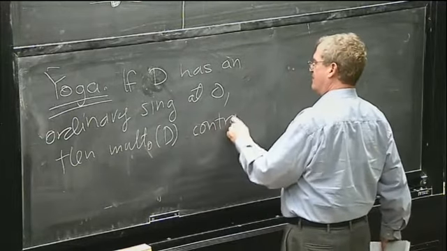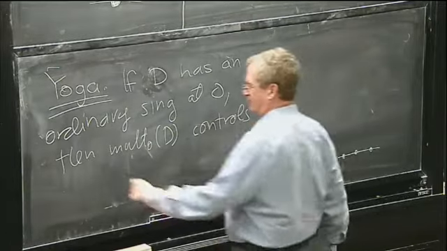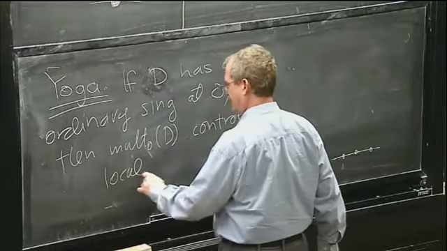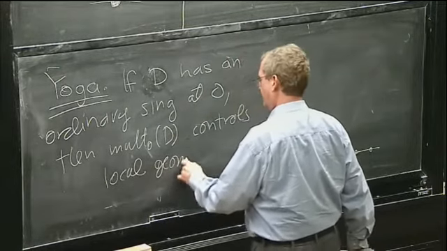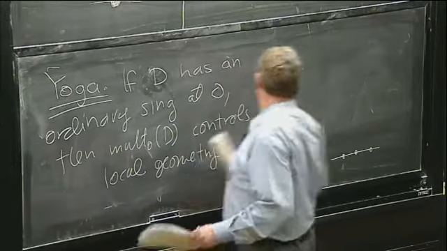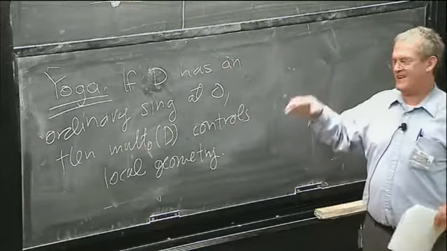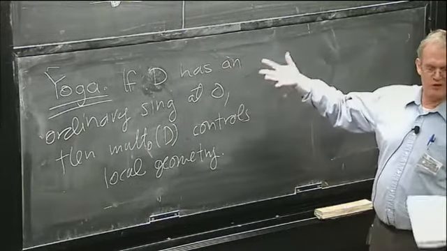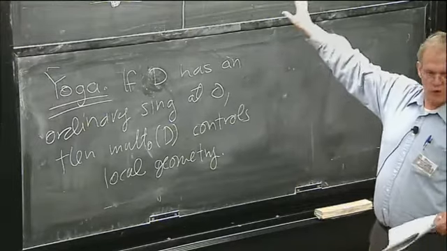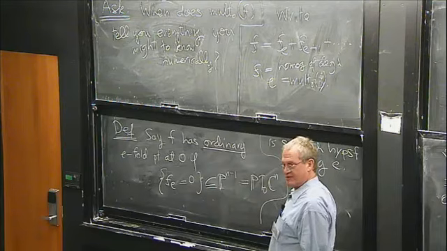I'm not claiming that you can read off the actual analytic type, but it controls any numerical question you might ask about the local geometry. You'll see during the day. In other words, you'll see in a few minutes, any reasonable question that has a numerical answer, if it has an ordinary singularity, is just going to be governed by the singularity.